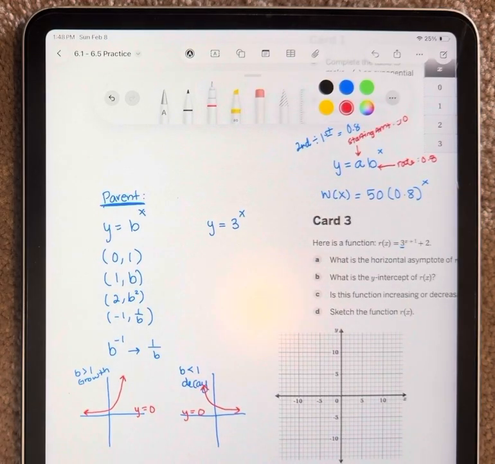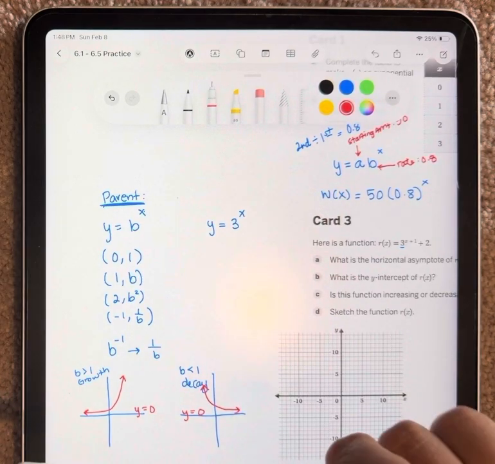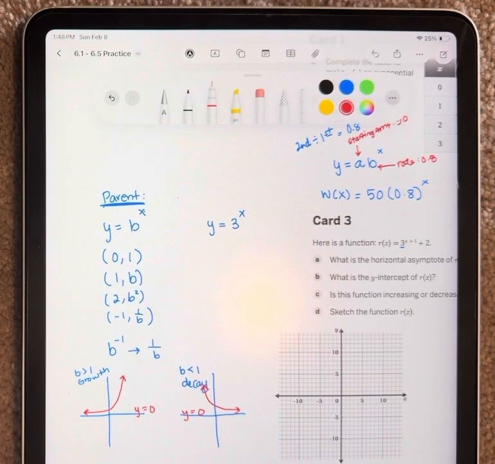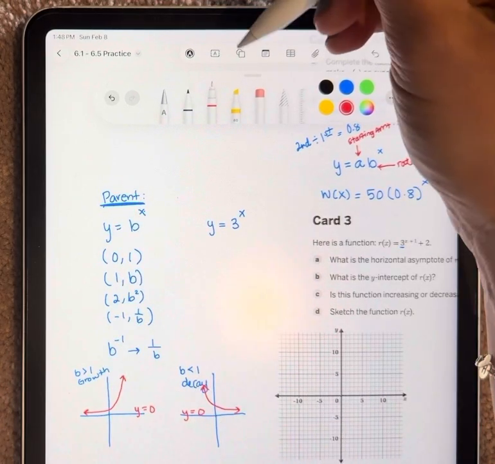My horizontal asymptote will remain at 0. It's not going to change, not unless I have a vertical shift. Unless I shift up or down, then the asymptote will also shift up and down. But unless there's a vertical shift, then I still have my asymptote at 0. Okay, so this was a parent function lesson.